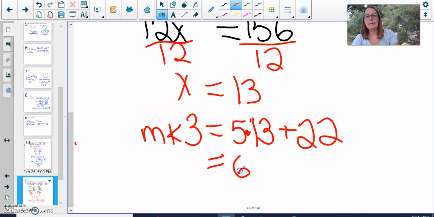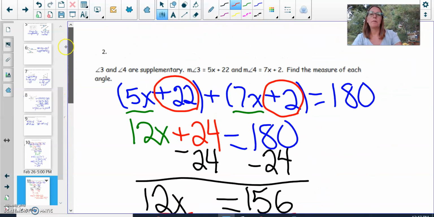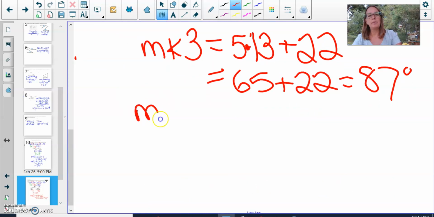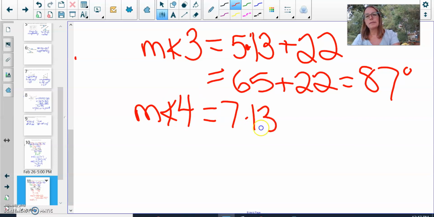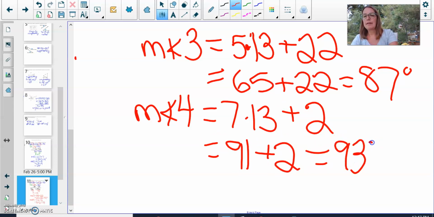That's 65 plus 22, which is 87 degrees. And then to find the measure of angle 4, it's 7x plus 2. So it becomes 7 times 13 plus 2. That's 91 plus 2, which is equal to 93 degrees.